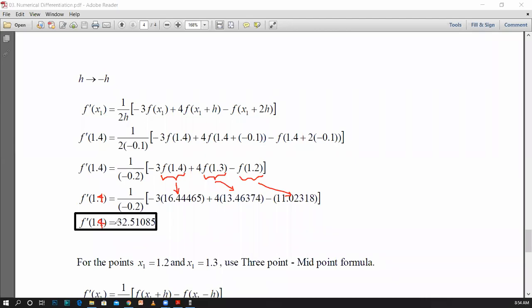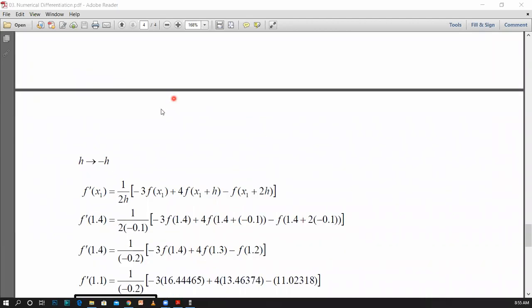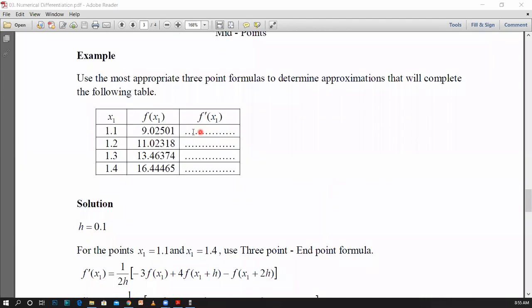This is equal to 32.51084. Therefore, this is how we are using the 3-point endpoint formulas to identify the values for the derivative at a given point. Now we have finished obtaining values for these two endpoints. Now we have to pay attention to these two midpoints.